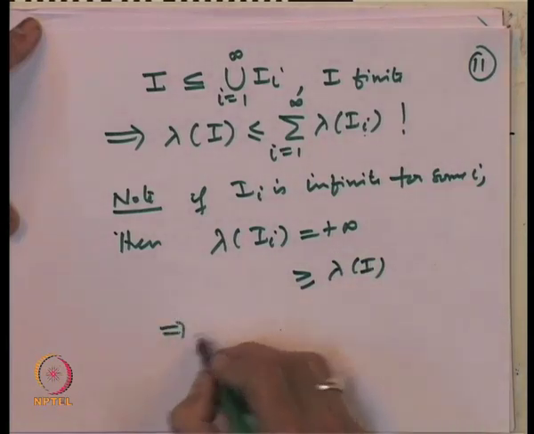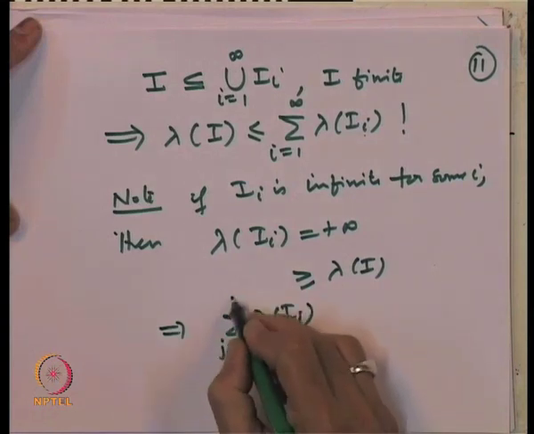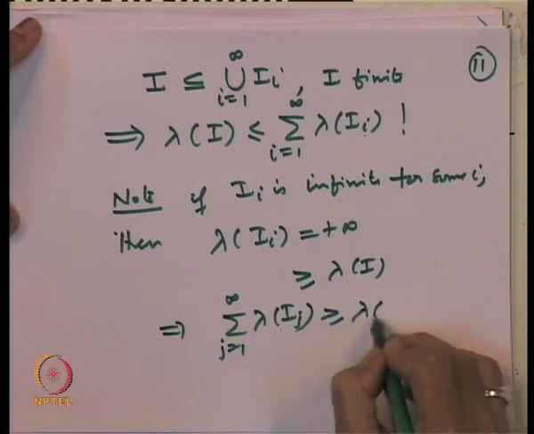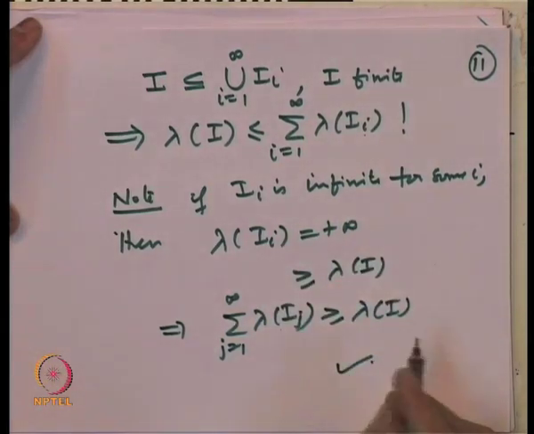So that implies sigma length of I j, j equal to 1 to infinity, is also bigger than or equal to lambda of I, because one of them is infinite. So, that case is obvious.